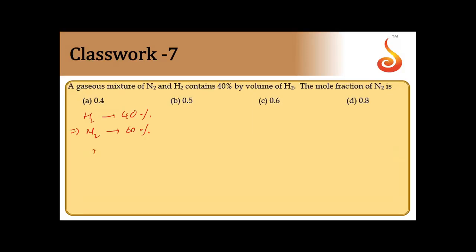Since moles are proportional to volume, we can take volume percentage as mole percentage also. Therefore, the mole fraction of nitrogen will be equal to the mole percentage of nitrogen, which is 60, divided by 100.